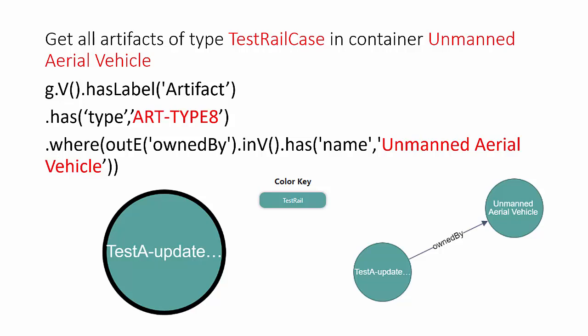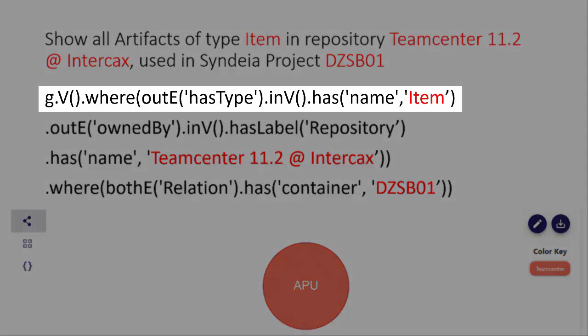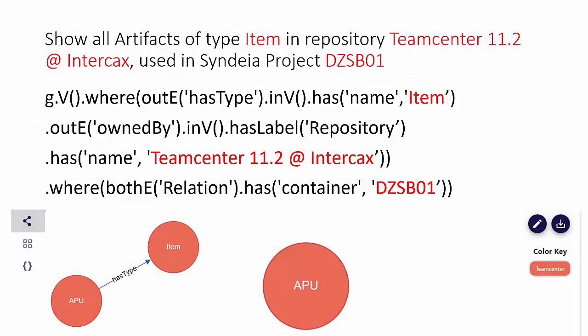We can make the query about artifacts even more specific. Here we are looking for artifacts of type item in a TeamCenter repository named TeamCenter 11.2 at Intercax. The first line checks for a hasType edge to a vertex named item, similar to the last example.